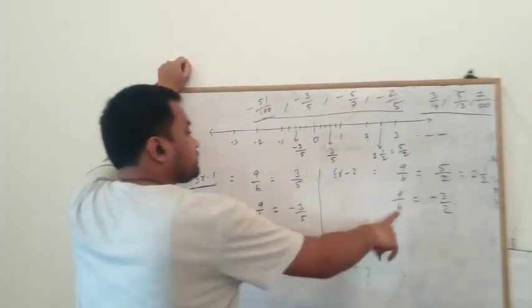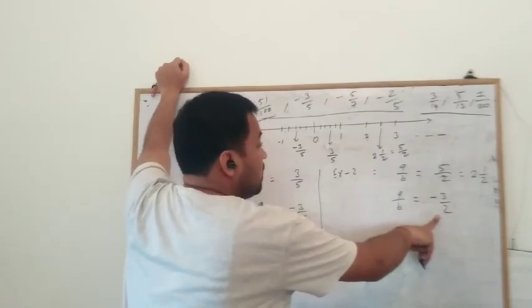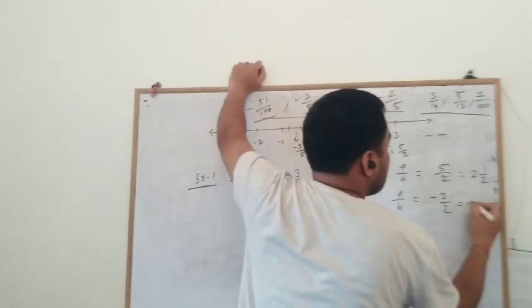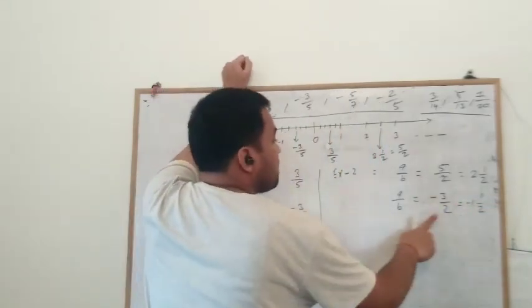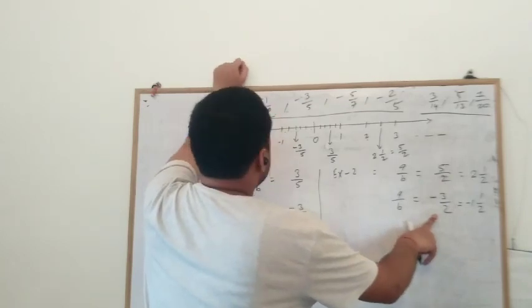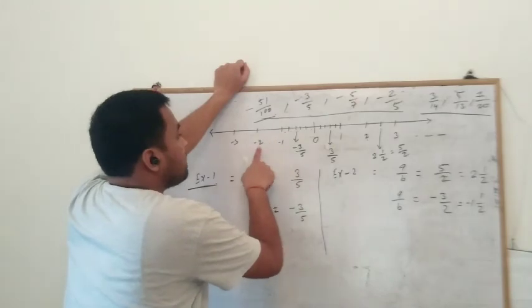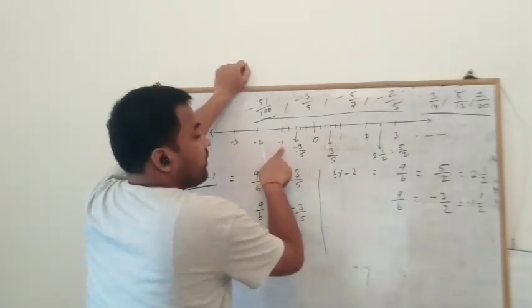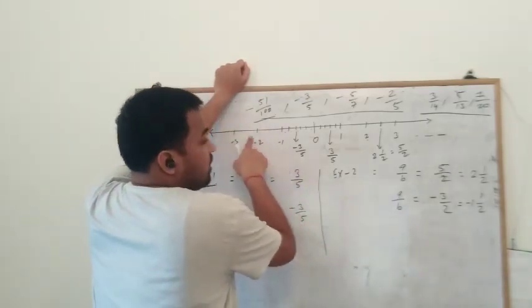And similarly, a by b is a negative rational number, that is minus 3 by 2. Minus 3 by 2 can be written as minus 1 whole 1 by 2. It means this number is greater than minus 2 and less than minus 1, so this rational number will be placed between minus 1 and minus 2.